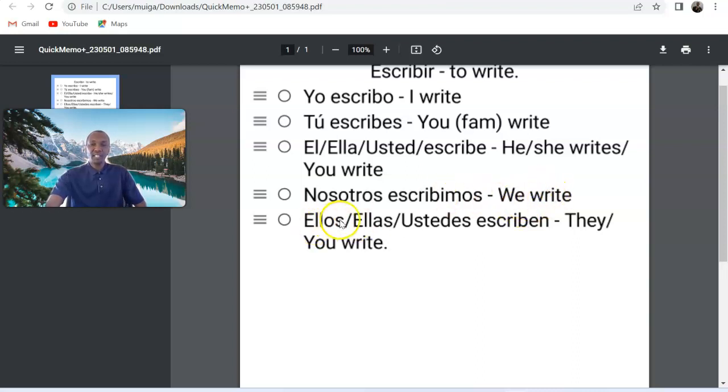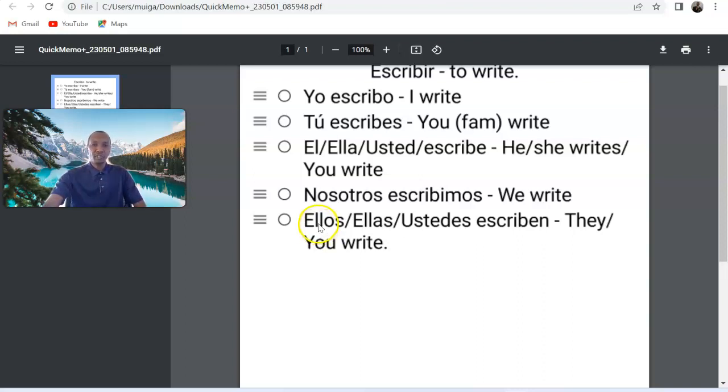And then we go finally to the last plural. Ellos, ellas escriben. Ellos is the plural of he, masculine, so ellos is they, masculine, when you are addressing just males or a group of mixed males and females. Then ellos takes precedence.